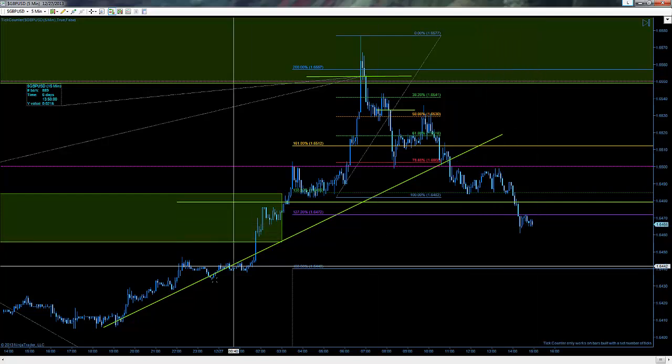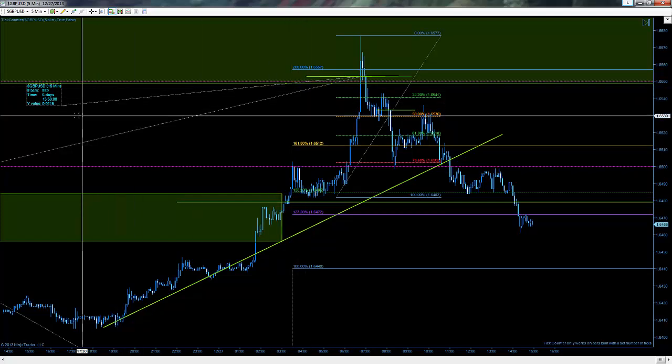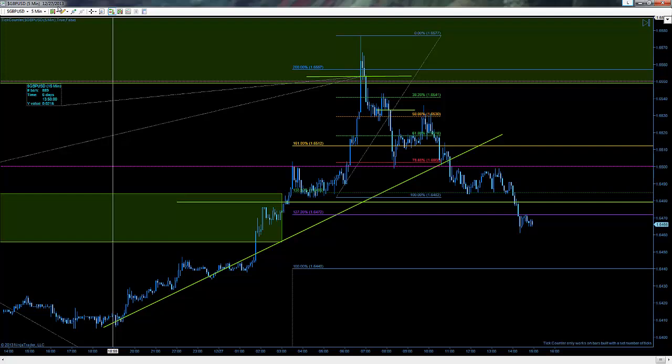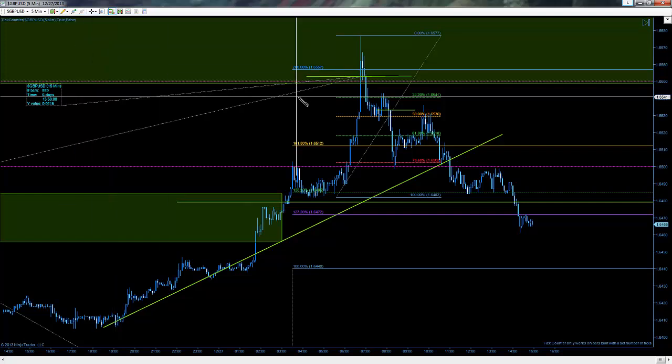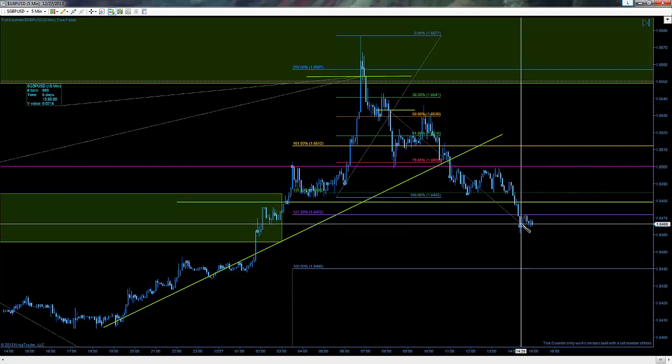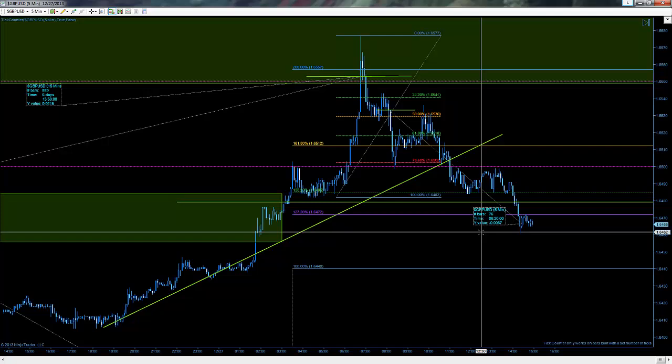So we would have had possibly between 200 and 216 pips on the way up, and a possible entry here. Current price action is somewhere in here, another 67 pips on the way down.